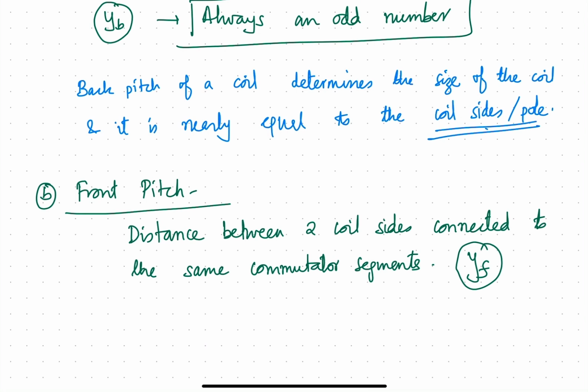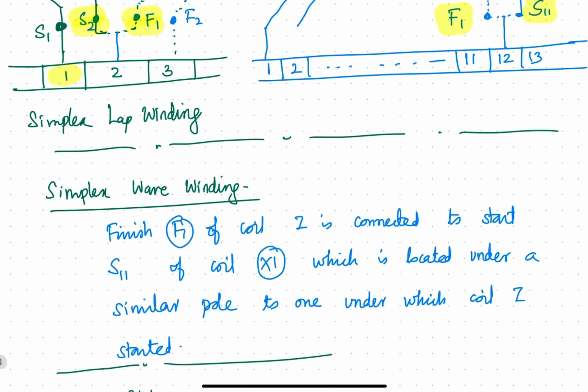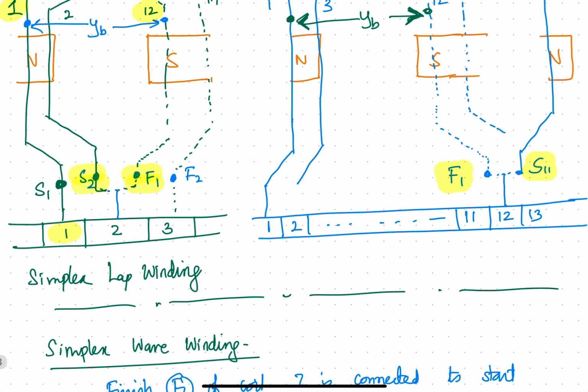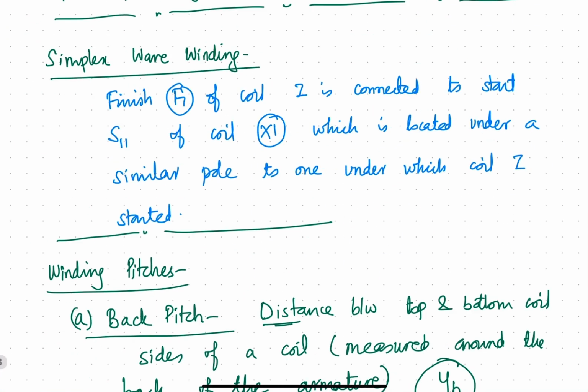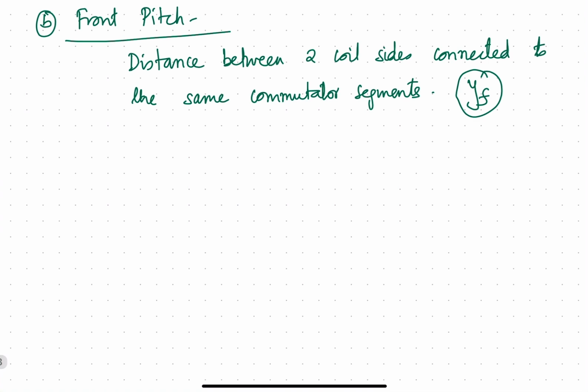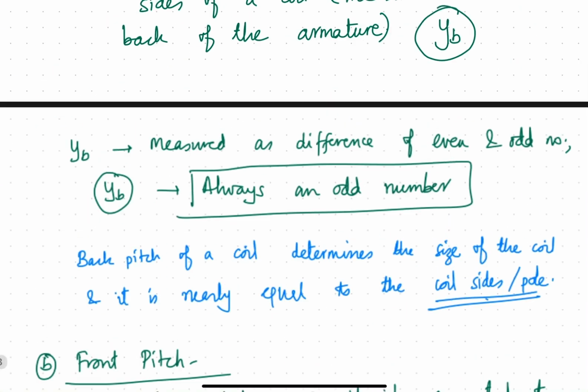So the front pitch in case of the lap winding here on the left hand side is the difference between the, let me go back to the definition. It is the distance between two coil sides connected to the same commutator segment.